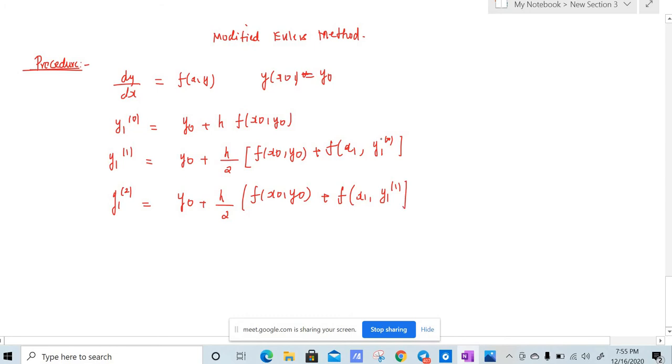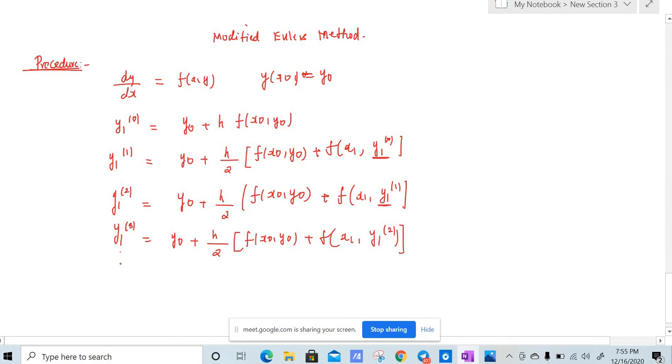The only thing that changes is this place. So what will be my y1 of 3? It will be y naught plus h by 2 into f of x naught comma y naught plus f of x1 comma y1 of 2.